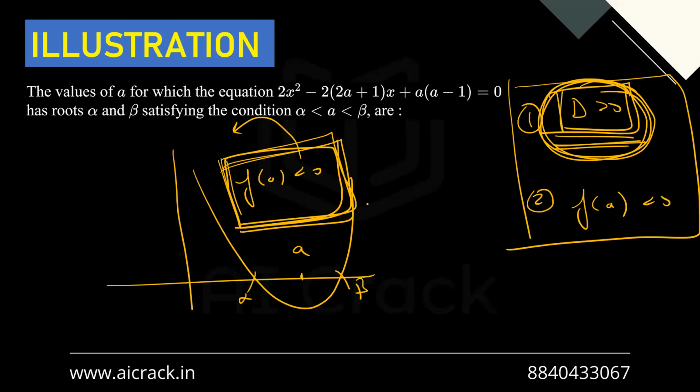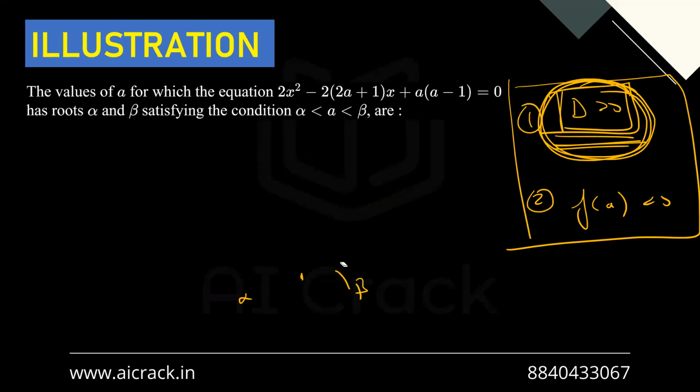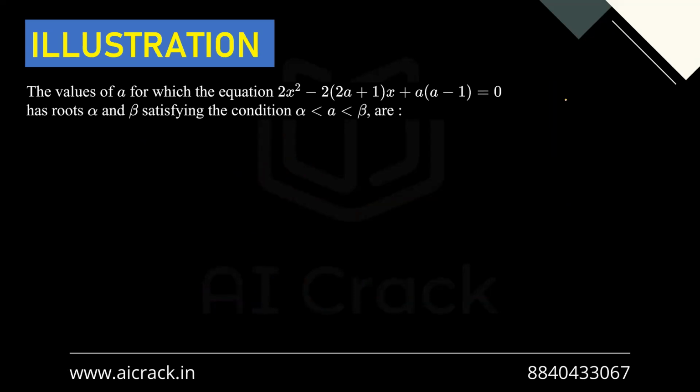And now let us move forward with this question. So our one and only condition is f of a should be less than 0. So let's apply this condition. We get 2a² − 2(2a + 1)a + a(a − 1) < 0. We can take a as common.